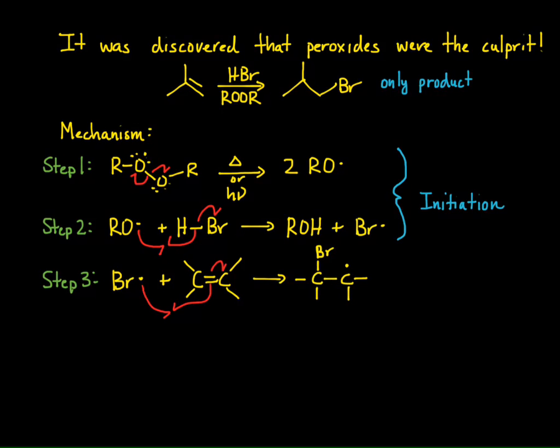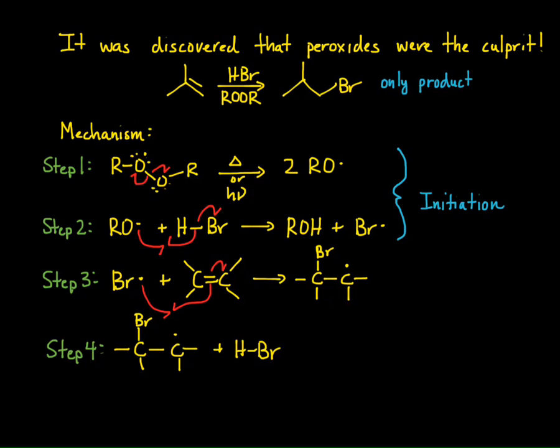Right, so now I have this alkyl bromide radical, and of course we know that radicals in general are reactive, and so that radical is going to react with HBr. Now you might be saying, well, didn't I just use HBr in step 2? Yes, we did, but remember, we only used a small amount of HBr, right?